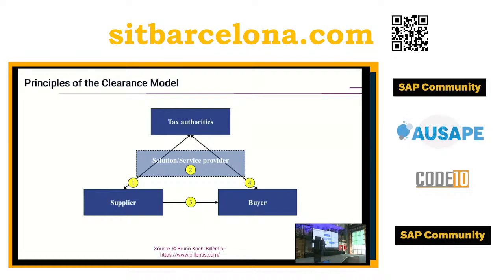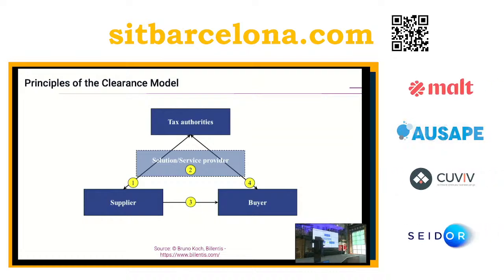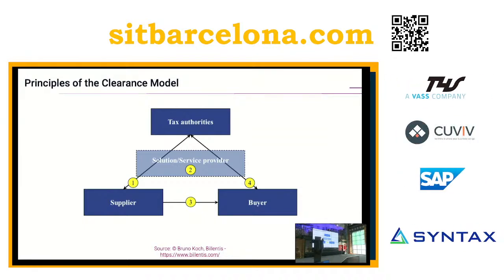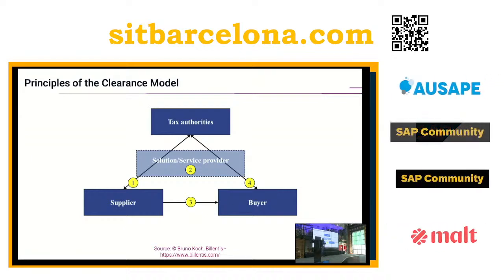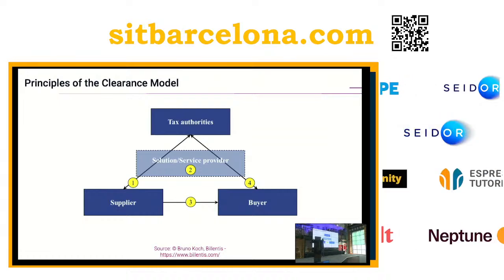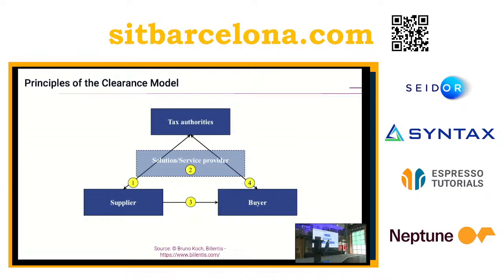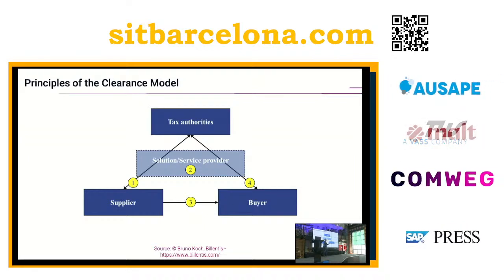But now, with this new clearance model, it's not anymore like this. The supplier has first to send the invoice to the tax authority. The tax authority will validate this invoice, and if everything is okay, give the authorization back to the supplier, and then the supplier sends the invoice to the buyer. And this is the difference.